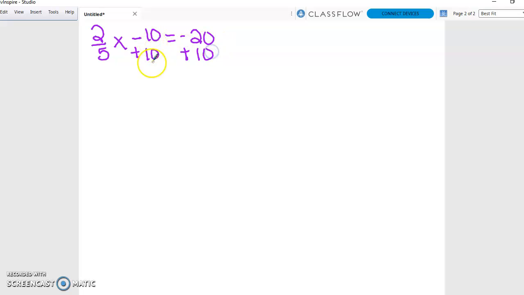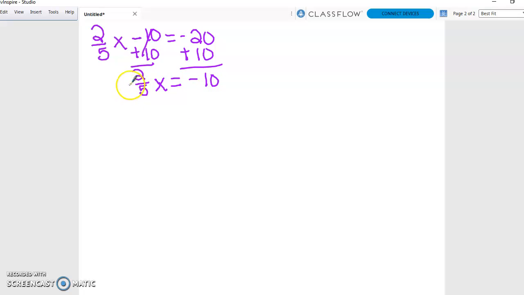So remember, we're doing the opposite so that we can get this 2 over 5x on this side by itself. All right, so we have negative 20 plus 10, which gives us a negative 10 equals, and we're going to bring down what we have left on this side. All right. So we have left 2 over 5x equals negative 10.